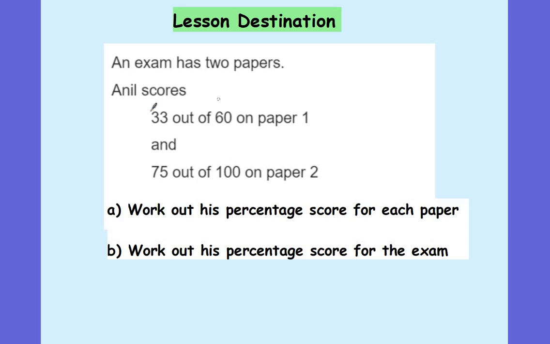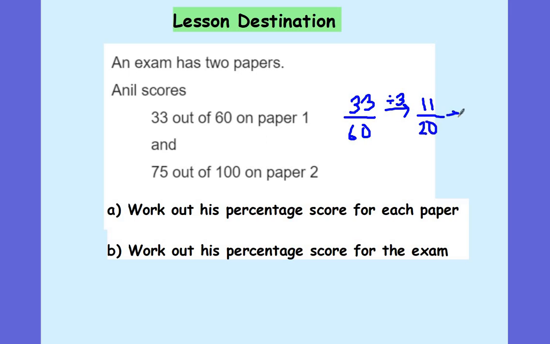Okay, let's go through the answers. The first then says, Anil scores 33 out of 60 on paper 1. So 33 out of 60 as a fraction looks like this. I want to put this as something over 100. To help me out, I'm going to divide top and bottom by 3 to start with, which would give me 11 out of 20.